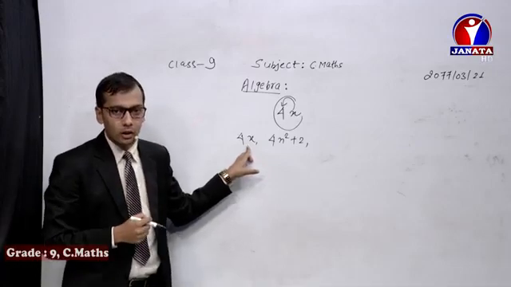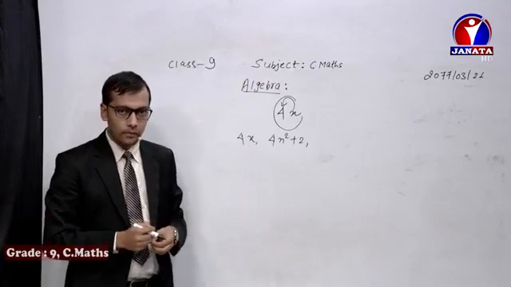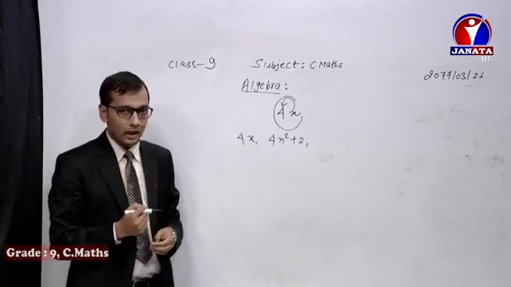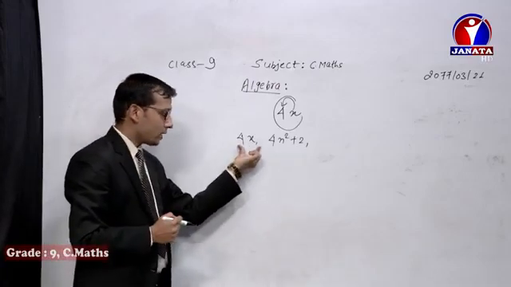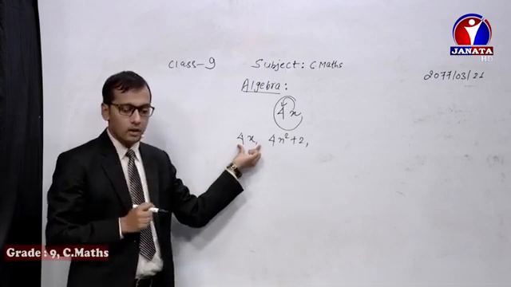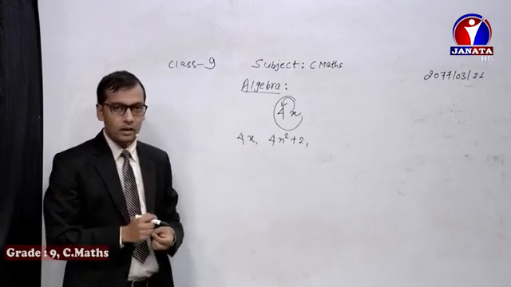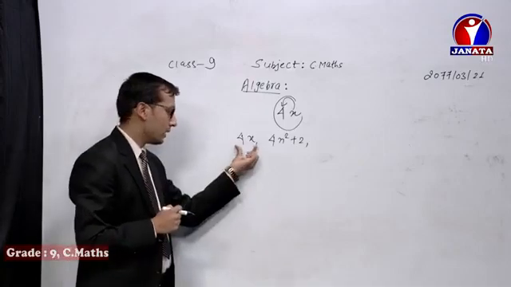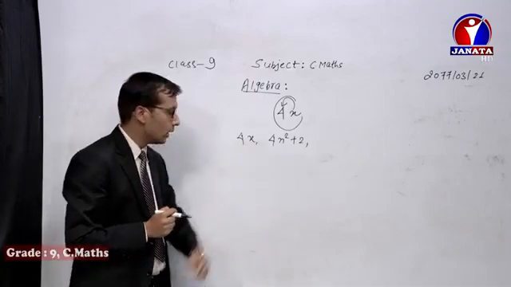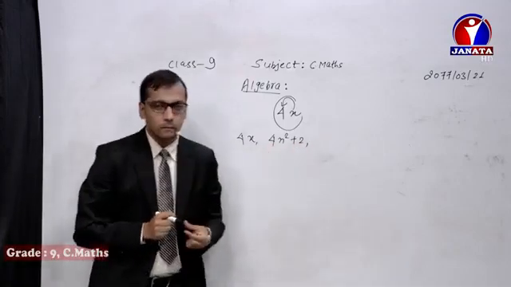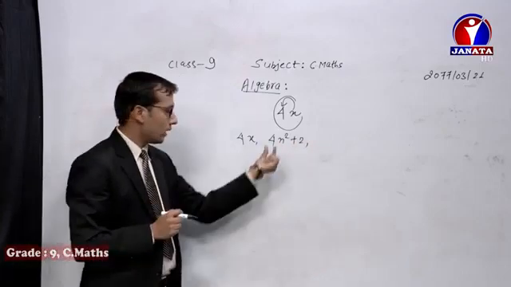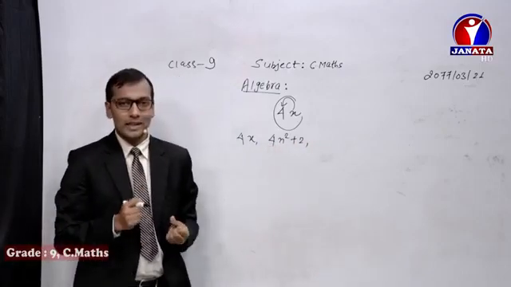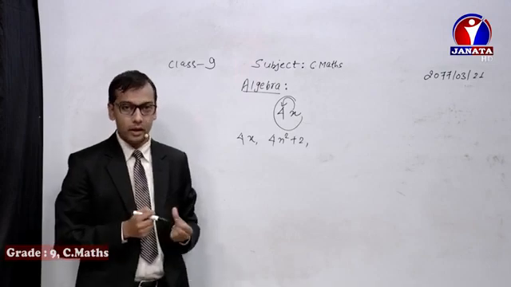In polynomials, we learn about monomial, binomial, trinomial and polynomials. If an algebraic term contains only one term, this is monomial. If there are two terms like 4x square plus 2, this is a binomial expression.